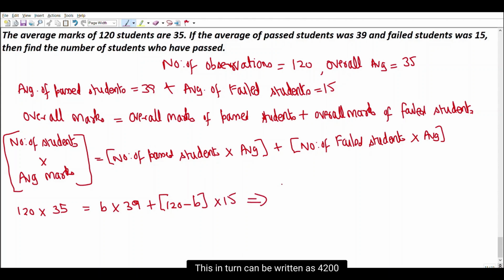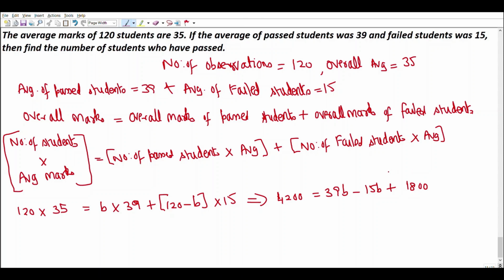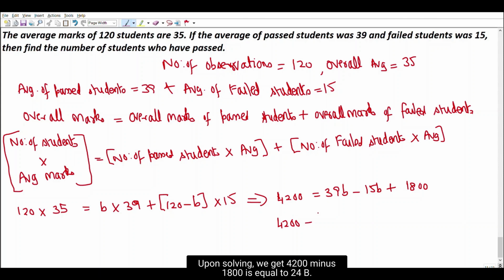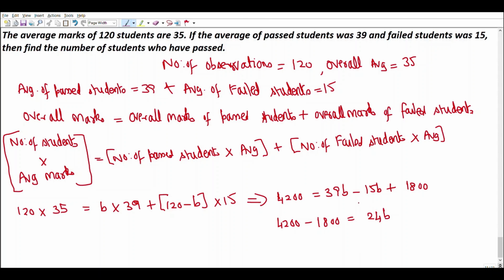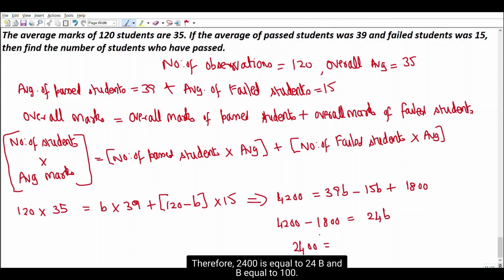This in turn can be written as 4200 equal to 39B minus 15B plus 1800. Upon solving we get 4200 minus 1800 is equal to 24B. Therefore 2400 is equal to 24B and B is equal to 100.